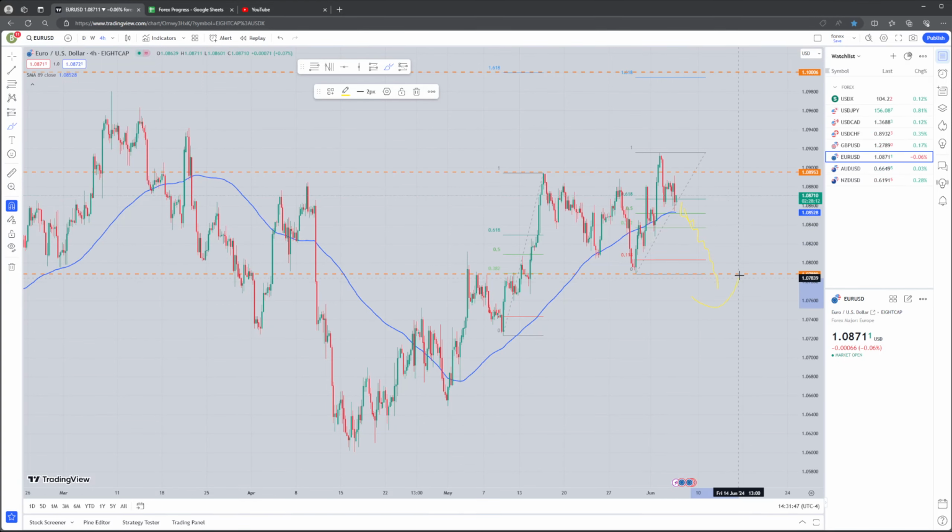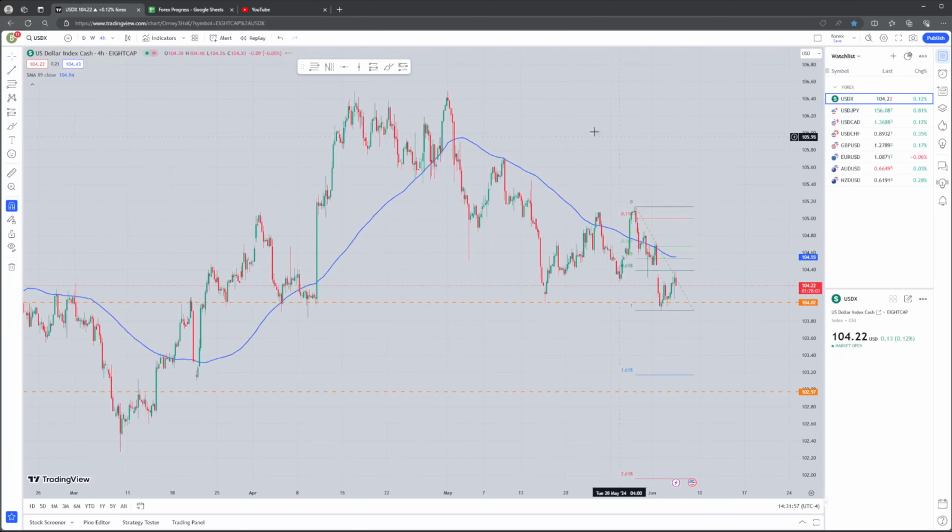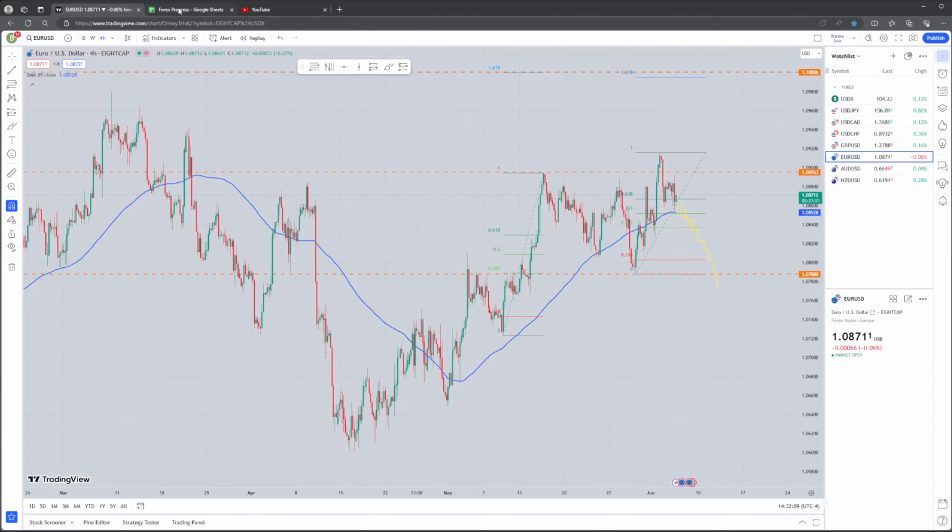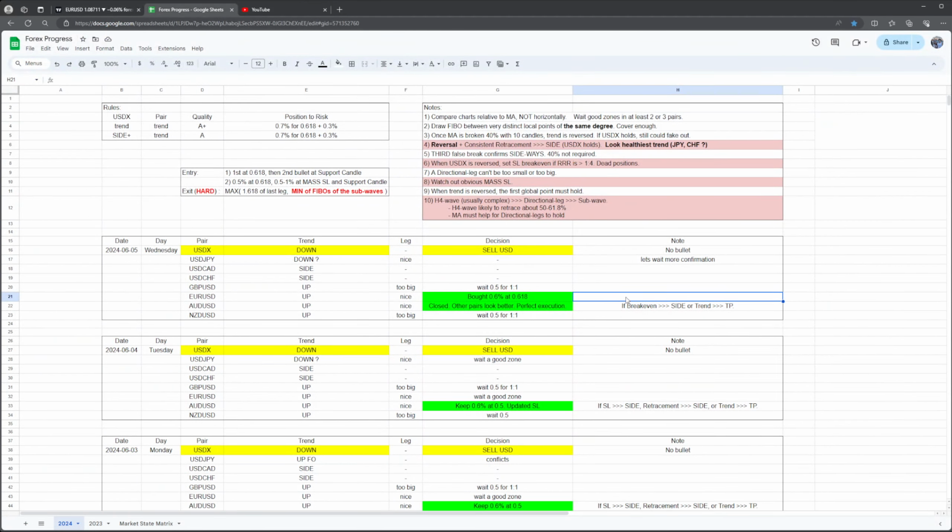Then at this point we have a lot of candles down here, and usually Euro and USD index are highly correlated, and if somehow the USD index goes up and takes out this new local point here, then we will be certain that the trend has reversed, right? So let's plan Euro USD: if the stop loss happens tomorrow, we're going to take it as a reversal.